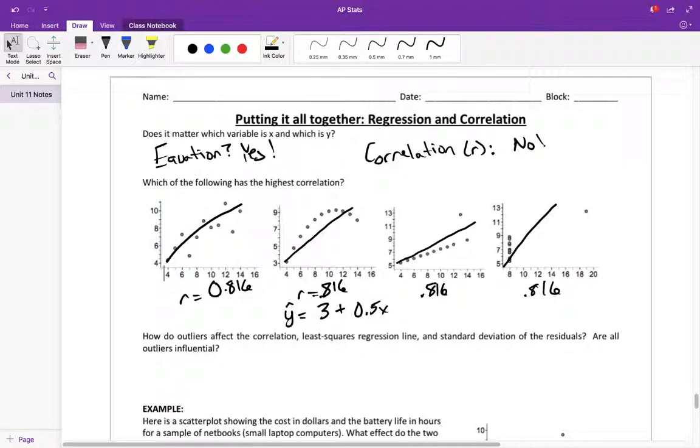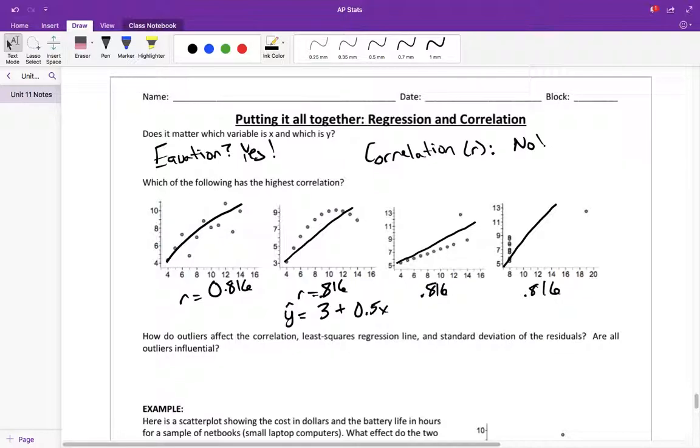This is actually a fairly famous example of correlation that was provided by a statistician who was studying correlation and found that all 4 of these graphs had the exact same correlation despite having very different graphs. If you want to do some extra research on it, it's an interesting thing that they did to come up with those.